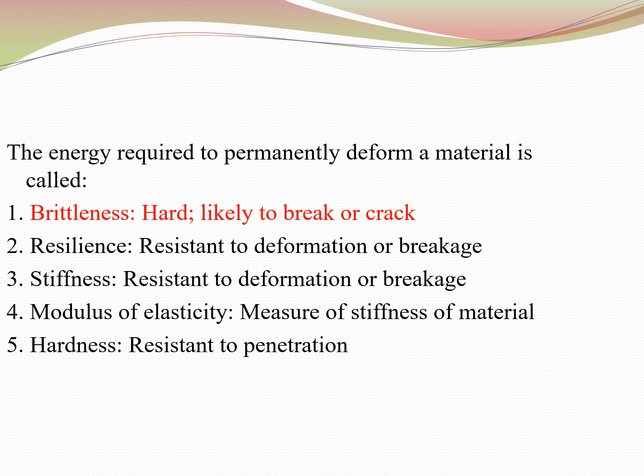So here we go. The energy required to permanently deform a material is called brittleness, which means it's hard and likely to break or crack. The term resilience is resistant to deformation, so think of resilience as resistance. Stiffness is related to that as well. The modulus of elasticity is the measure of the stiffness of a material.